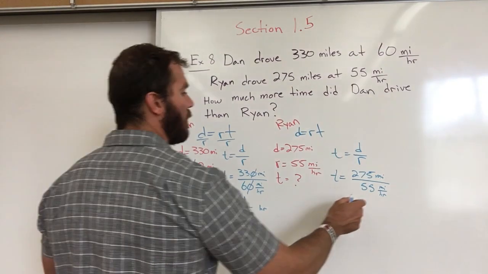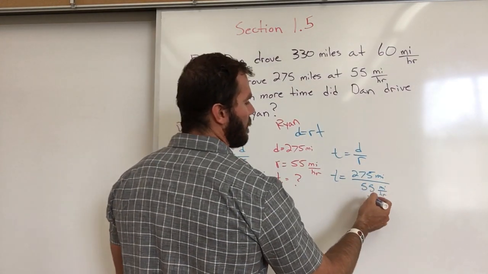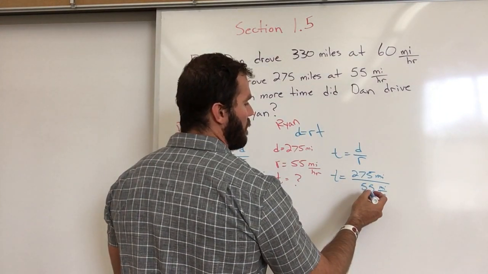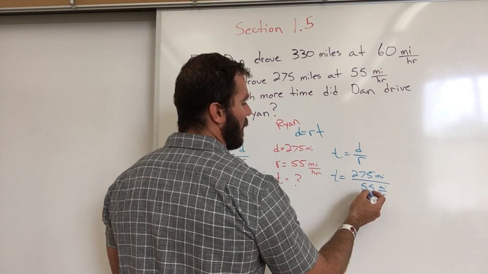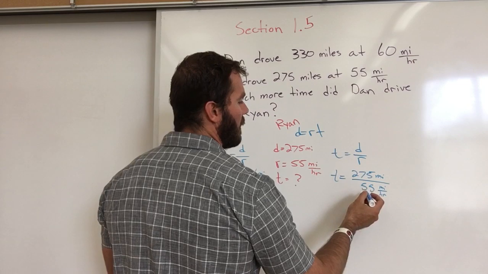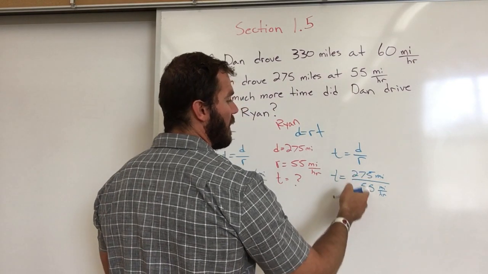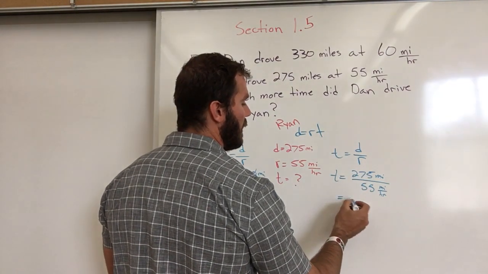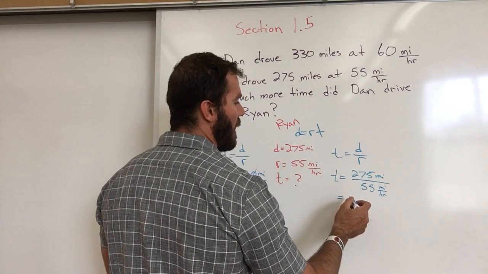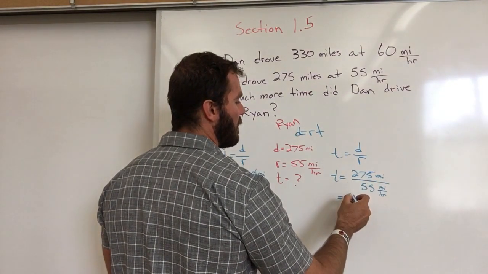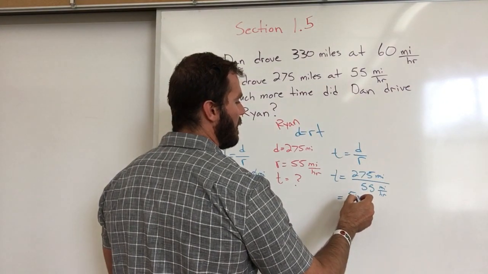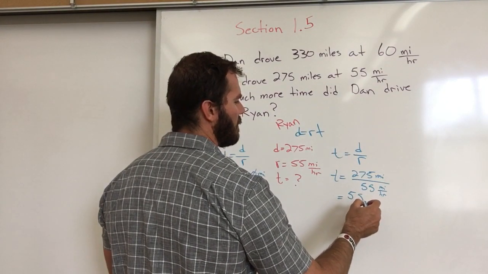And now over here, I know these are all 5, so I can put 5 into them. And 5 goes into 275, let's see, 55 times.